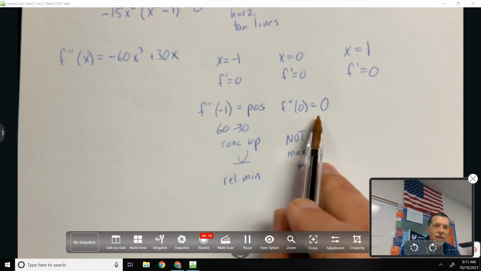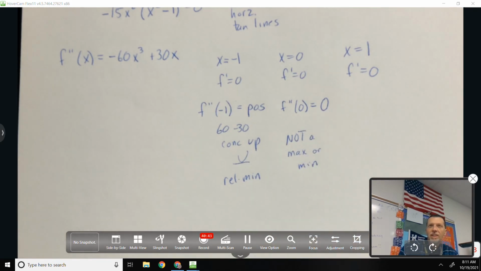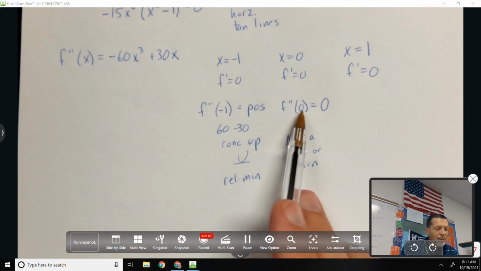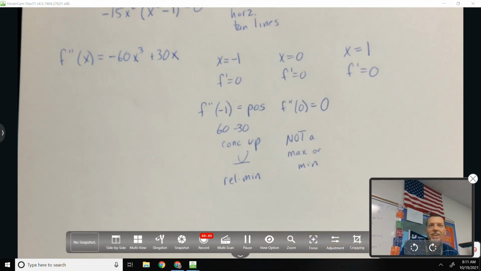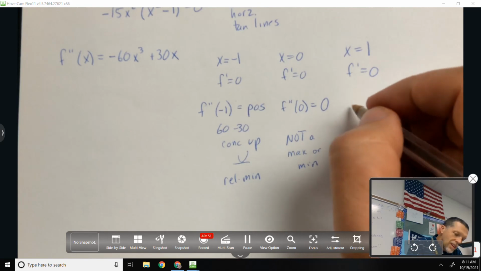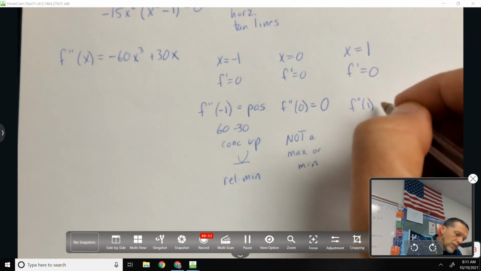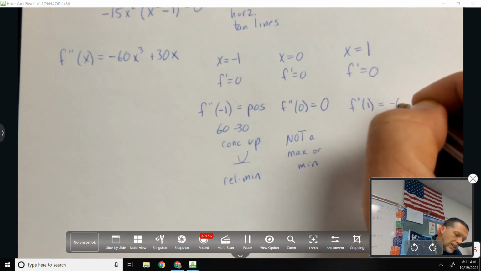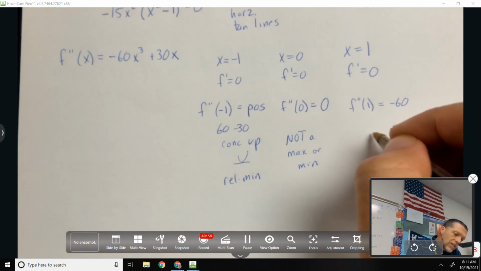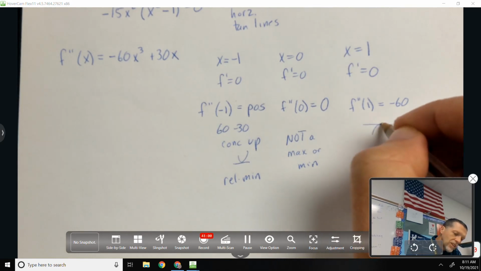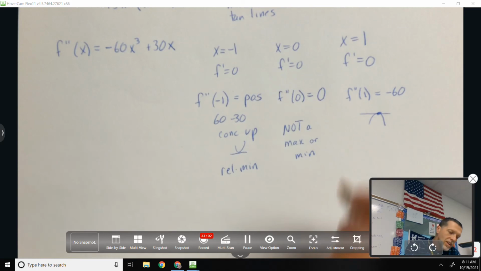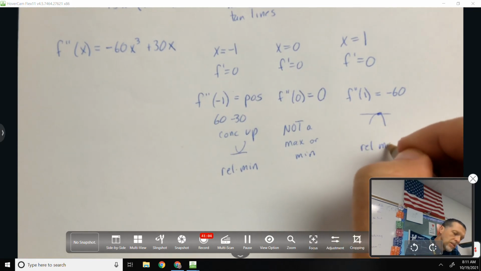So it might be a point of inflection if it changes concavity there. But all I know right now is it's not a max or a min because it doesn't have concavity. f double prime of 1 would be negative 60. So that's concave down. We already said it was a horizontal tangent line. So that's a relative max.